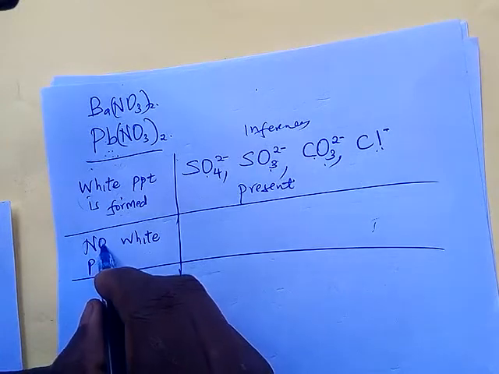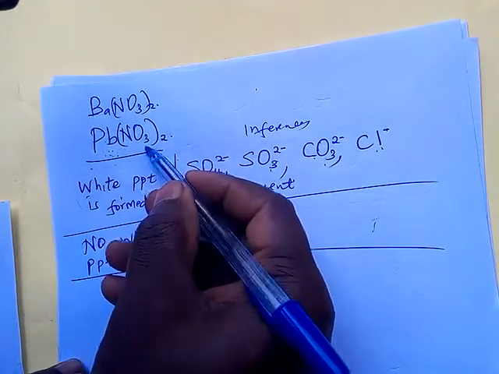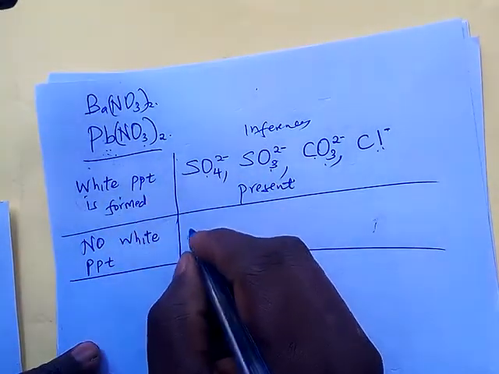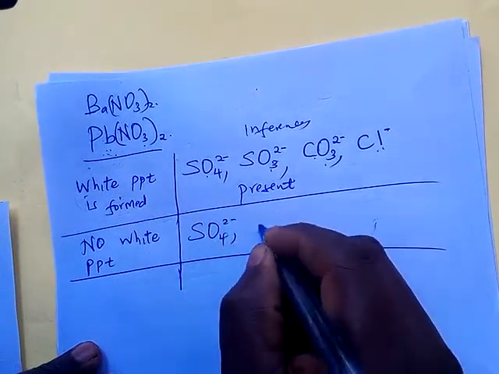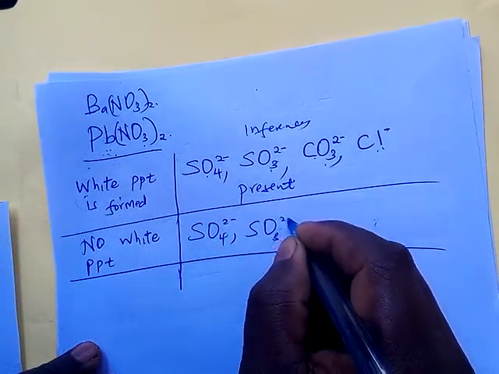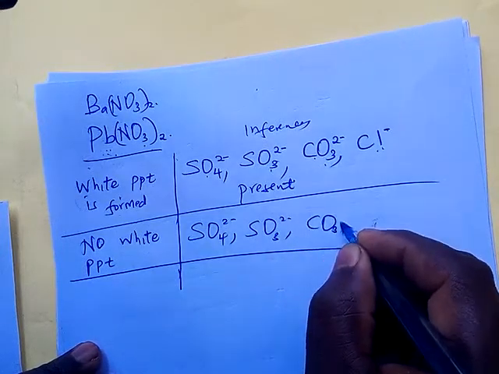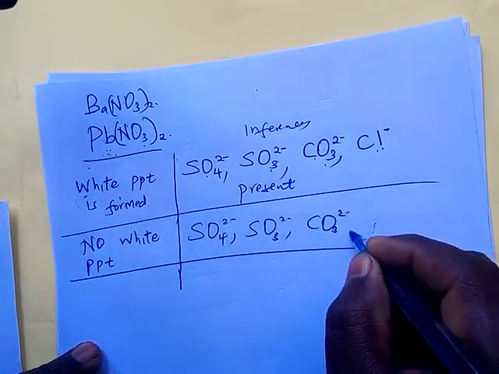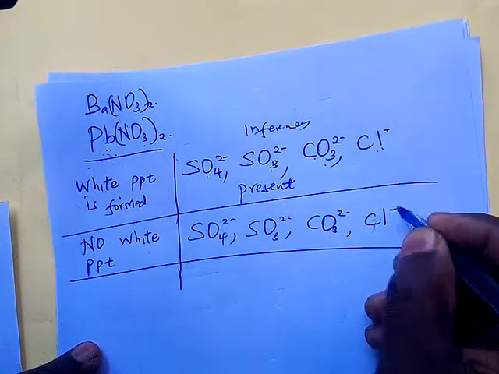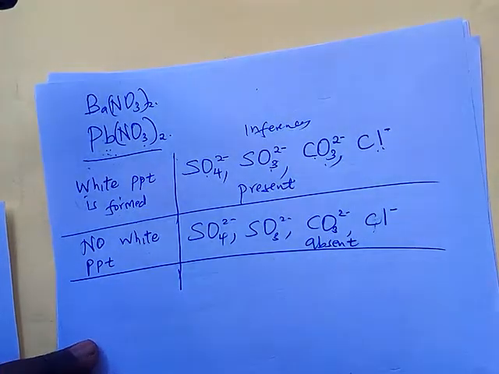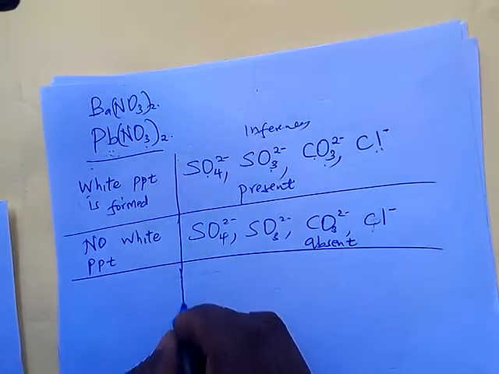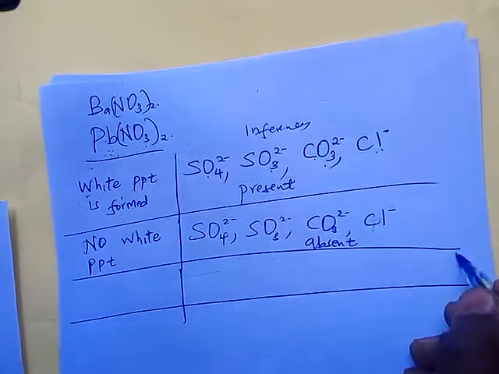If there is no white precipitate once you have added lead nitrate, then it means that the sulfate, the sulfite, the carbonate, and the chloride are absent. That's what it means.